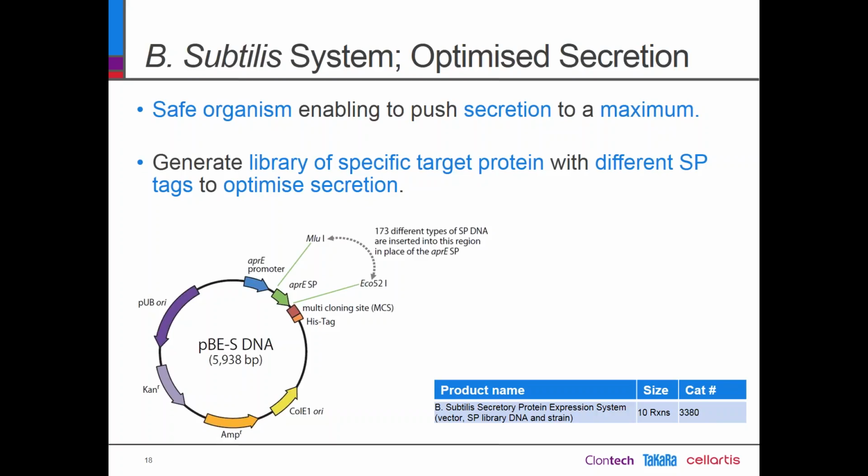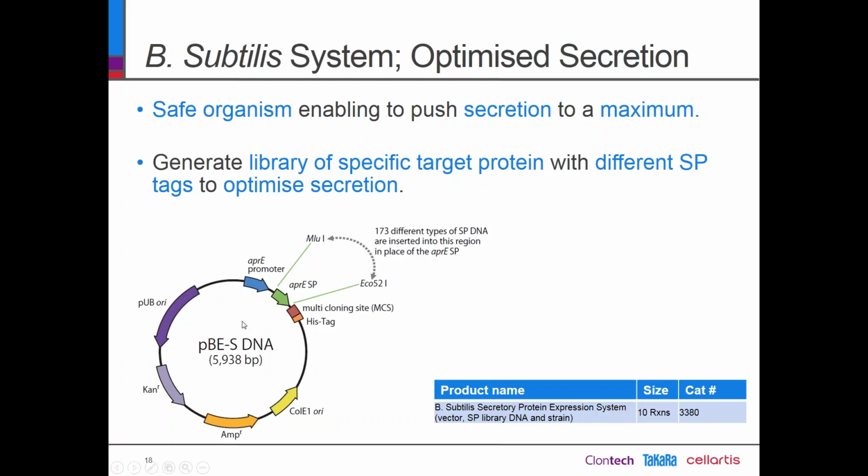So what you do here is that you generate actually a library of tags or of sequences with different SP tags for the expression and the secretion, and then you just screen for the best one, for the best candidate.